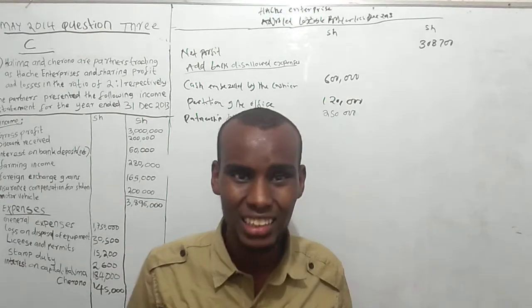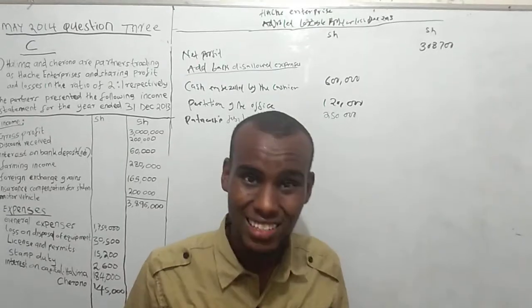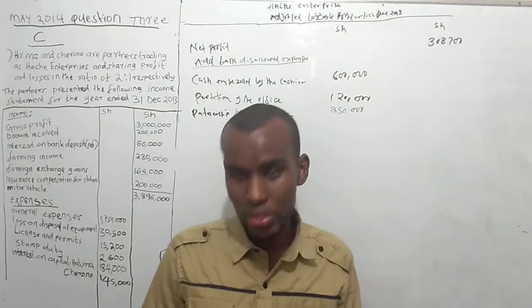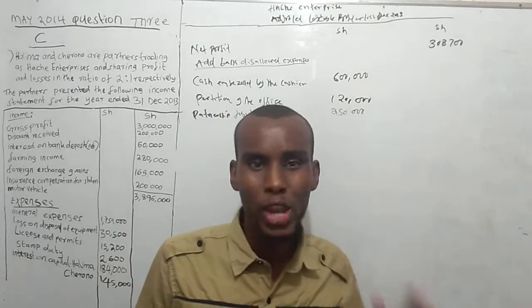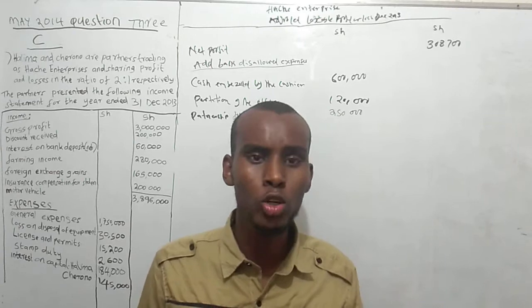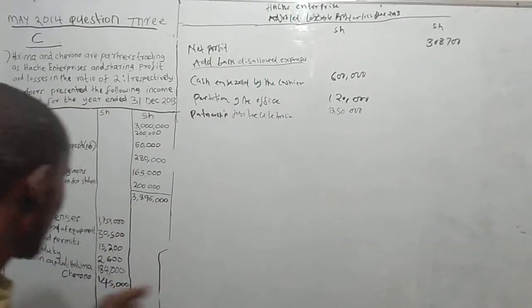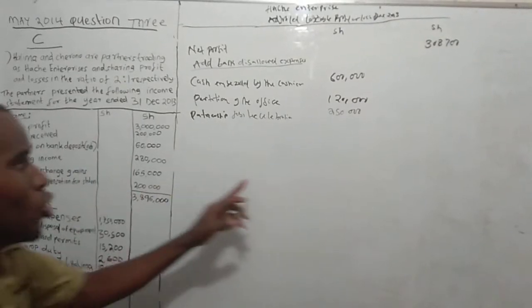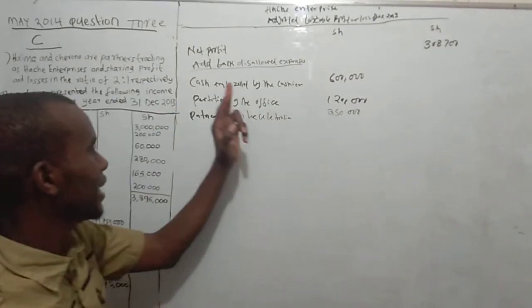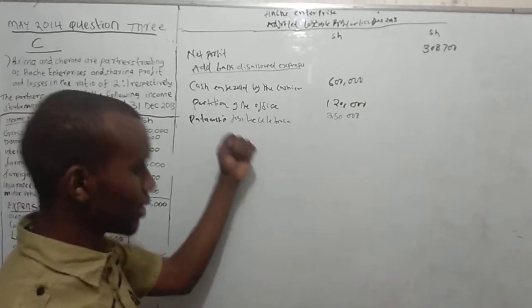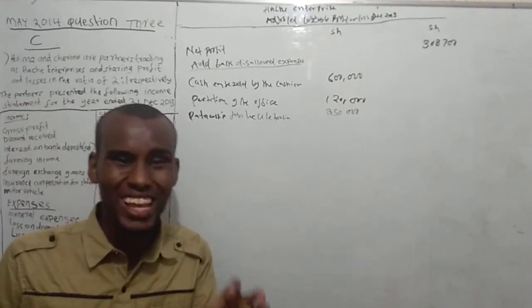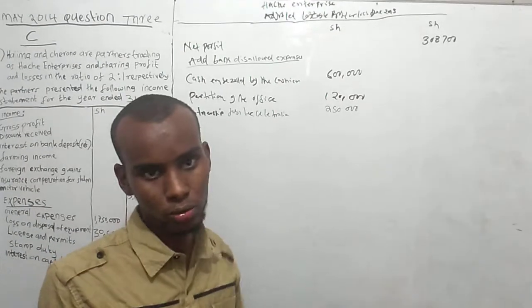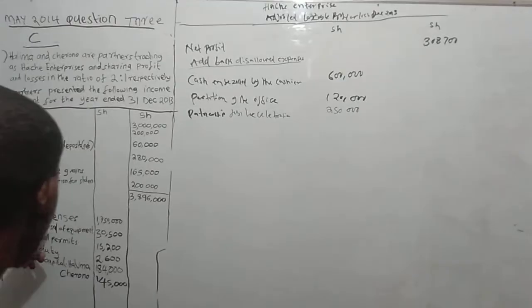Since this is a charity, a national disaster committee, we are not going to tax. It's allowable. The same with the office expenses. Those are normal expenses. So out of the 1,750,000, we only tax the cash embezzled, the partition, and the partnership. We left out those two. That's why I was saying you have to look at the additional information before completing the question. So we are done with the general expenses.